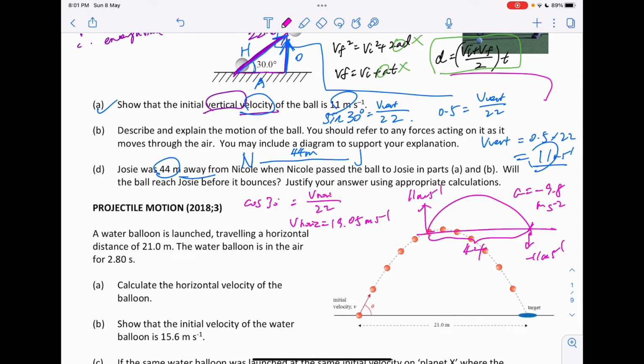So now what we're going to do is calculate t, because the time for the ball to fly depends on the vertical velocity, okay?